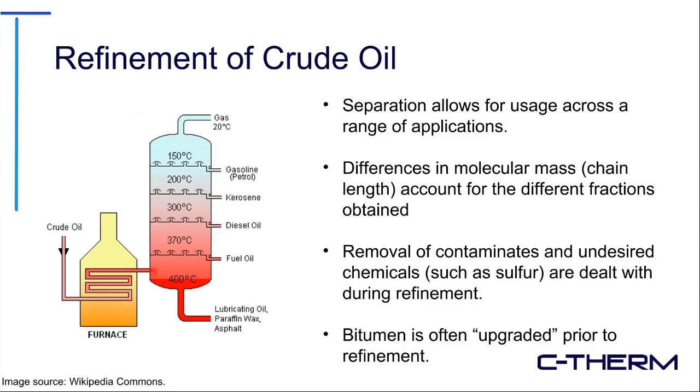Just a note on bitumen too. Often bitumen itself is actually required to be upgraded prior to refinement. What that means is essentially it needs to go to a pre-processing step to help remove some of those higher molecular mass materials and some of those contaminants and solid materials prior to actually being sent through to your typical crude oil refinement stations.